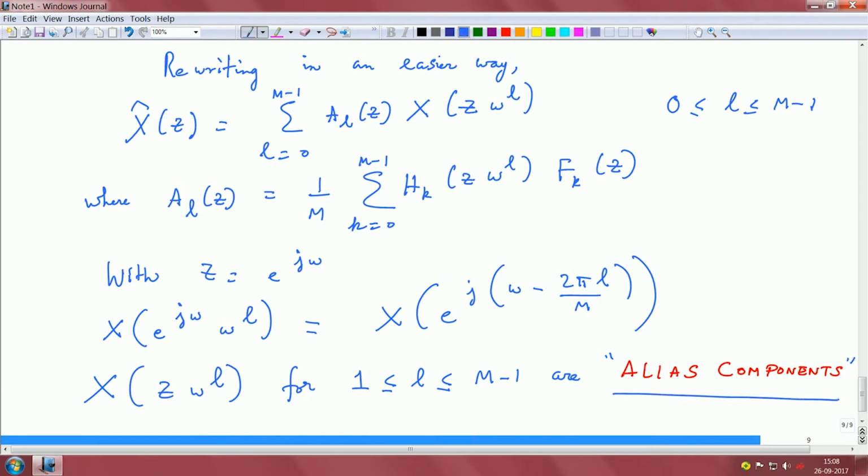Right, x of z is what we want, and the rest, x of z omega power L for L from 1 to m minus 1, are alias components. It is exactly like what we had for the 2 channel bank, where when L equals 1 with m equals 2, we had the minus 1 that was appearing before z, and that was our alias component. This is just a generalized version.